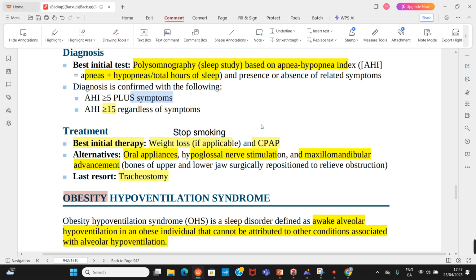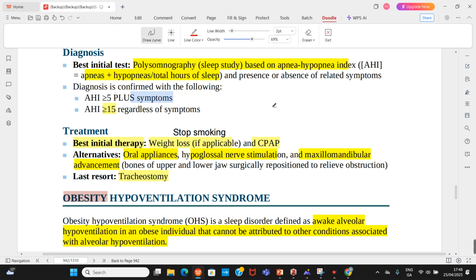So what the CPAP is going to do is to deliver a positive pressure, which would keep the airway open during inspiration and expiration. But the problem with CPAP is that it delivers only a single constant continuous pressure, unlike the BiPAP.